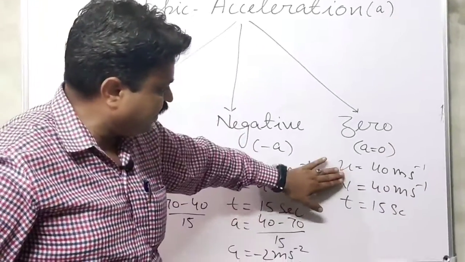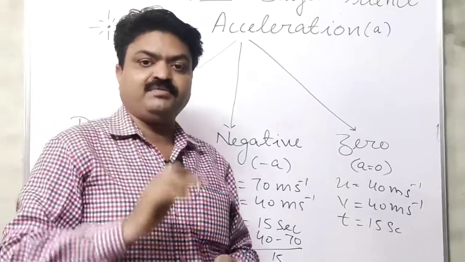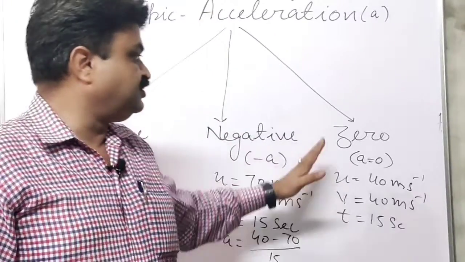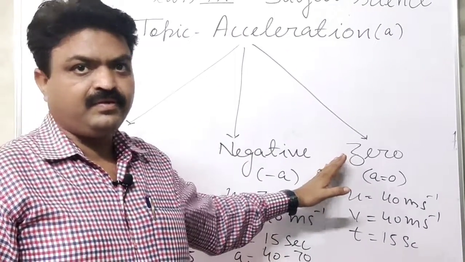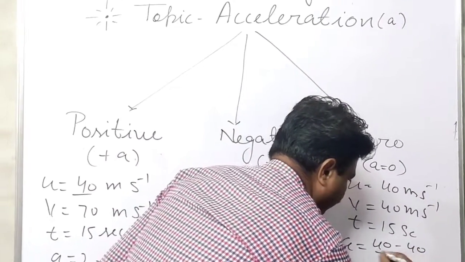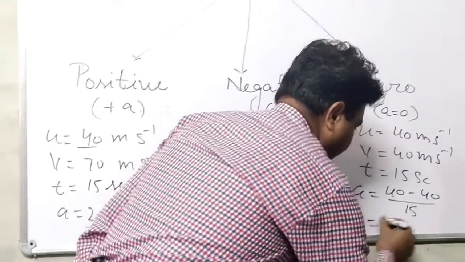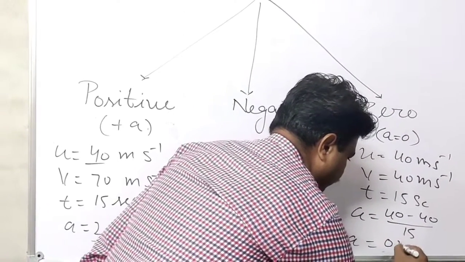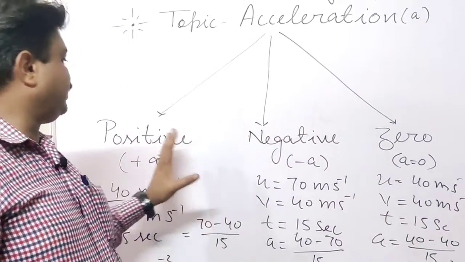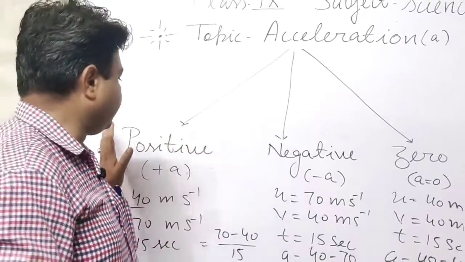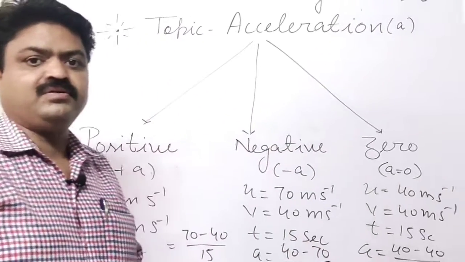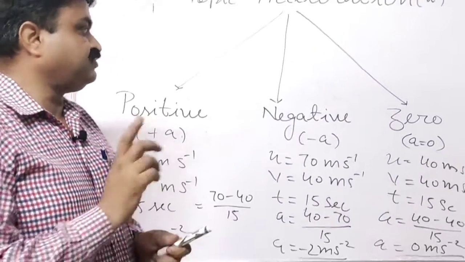If the initial and final velocity remain equal, then that acceleration is known as zero acceleration, student. In this, 40 minus 40 upon 15, and the acceleration will remain 0 meter per second square. So there are three types of acceleration: first is positive, second is negative, third is zero acceleration.